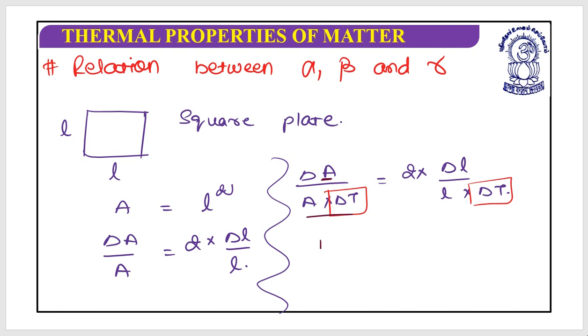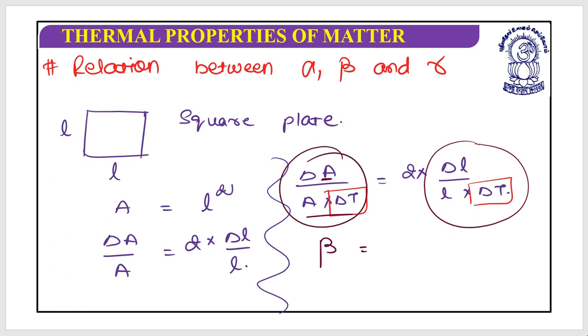Then delta A by A delta T can be written as beta, and delta L by L delta T can be written as alpha. So beta is equal to 2 alpha. I hope this is clear. Is it clear?